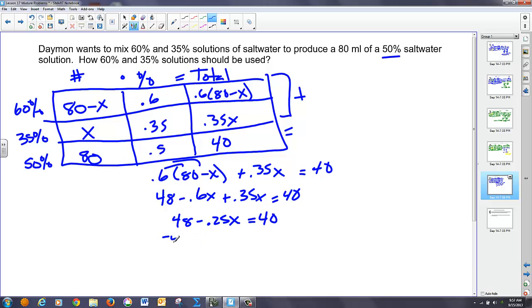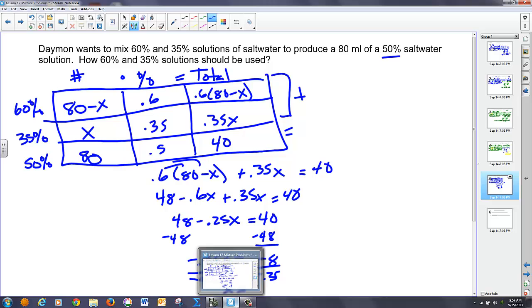Subtract 48 from both sides. 40 plus negative 48 is negative 8 is equal to negative 0.25x. And if I divide negative 8 by negative 0.25, I get x equaling 32.